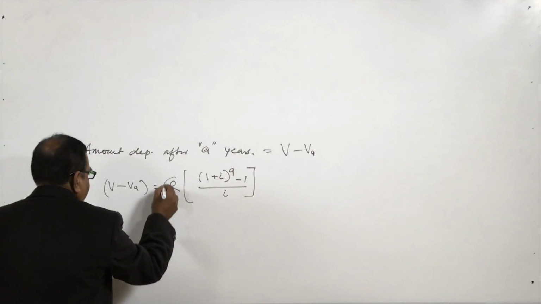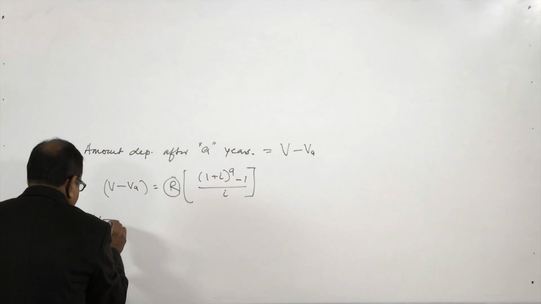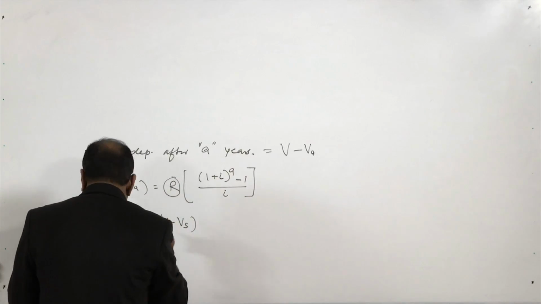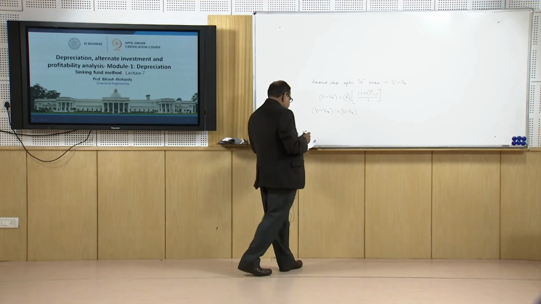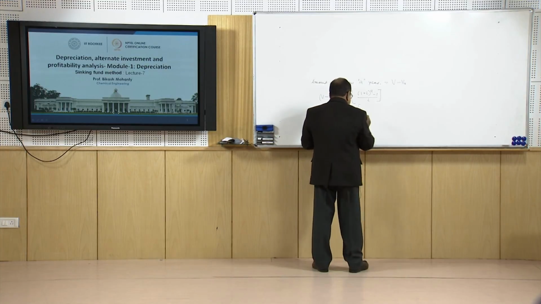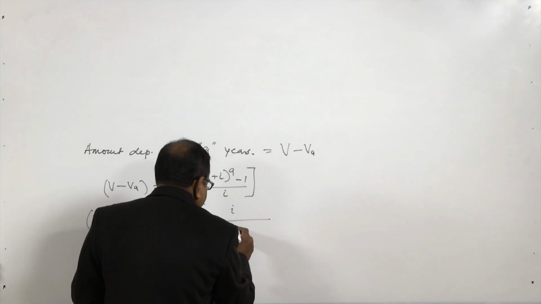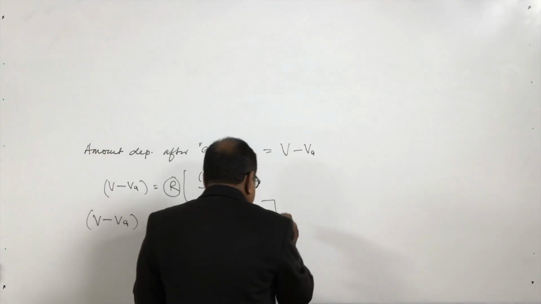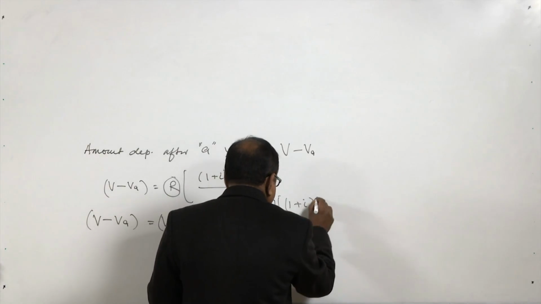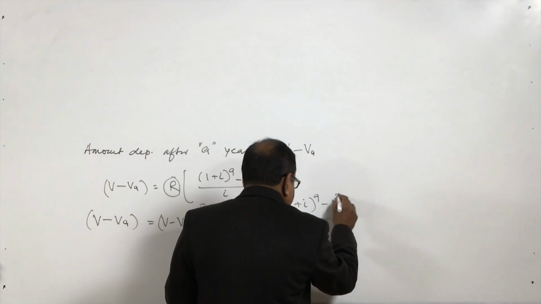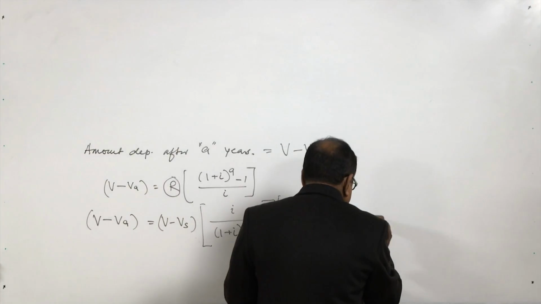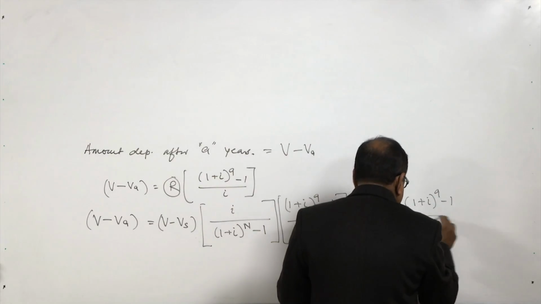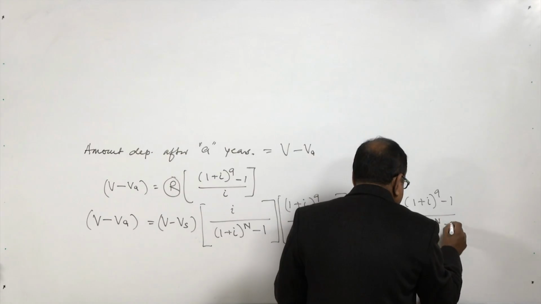Now, replacing the value of R from the earlier equation, we can write V minus VA is equal to (V minus Vs) times i divided by (1 plus i)^n minus 1, into (1 plus i)^A minus 1 divided by i, which is equal to (V minus Vs) times (1 plus i)^A minus 1 divided by (1 plus i)^n minus 1.